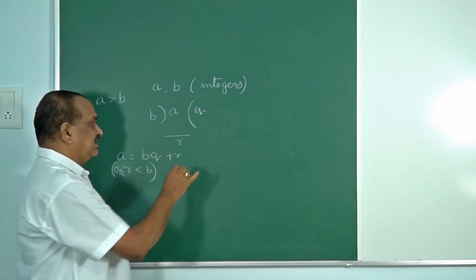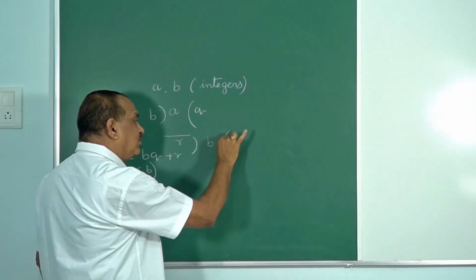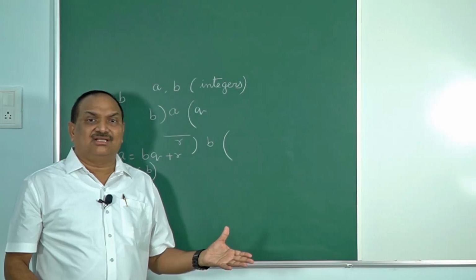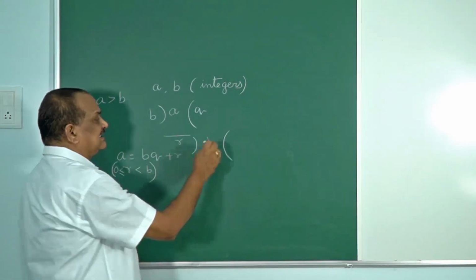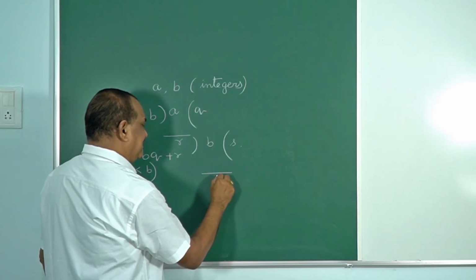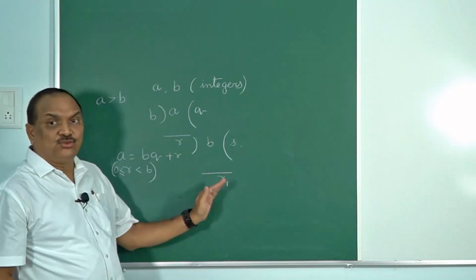Then what do you do actually? I just bring this b here and I have to continue the procedure. And you can write some other s here, and again there is some remainder, you can say r1 or something like that. So this is how it is going about.